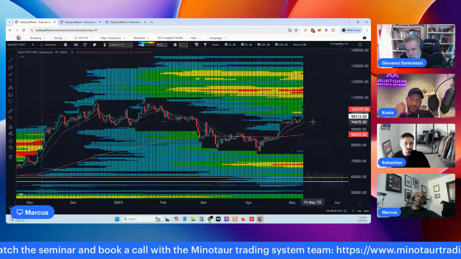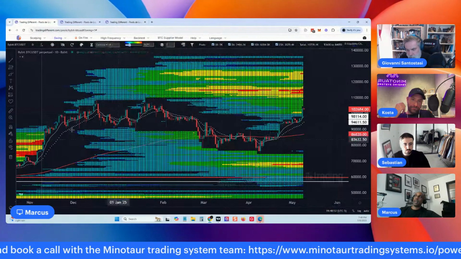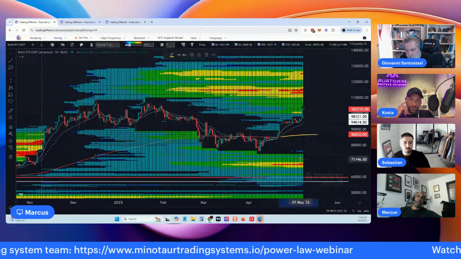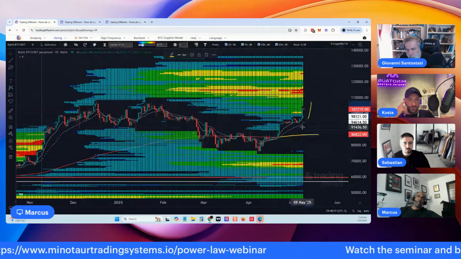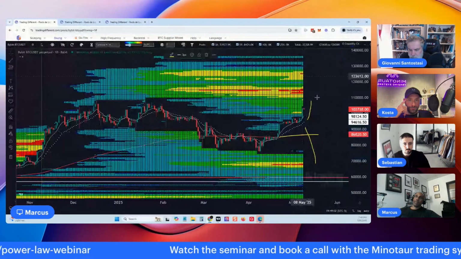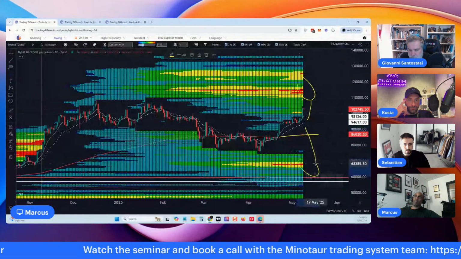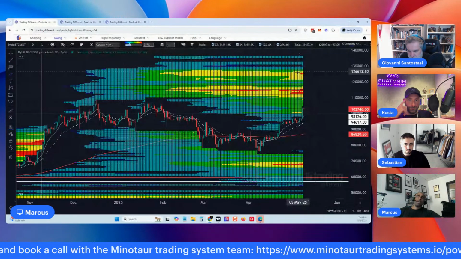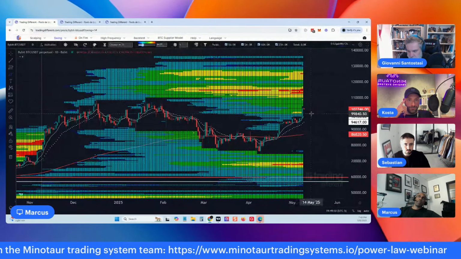These are traders or positions that are in either positive P&L or in drawdown. So the longs are positive and the shorts are in drawdown. So these positions are relatively fixed, and these levels are the stop losses and liquidations of all of those positions.